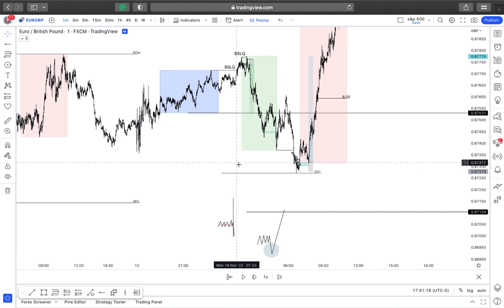Once we clear our doubts on this, I will teach you guys the 90 minutes as well, and all of the concepts from ICT himself, like the power of three and the three drive pattern, and there are a couple more. This entry model is also known as Judas swing.